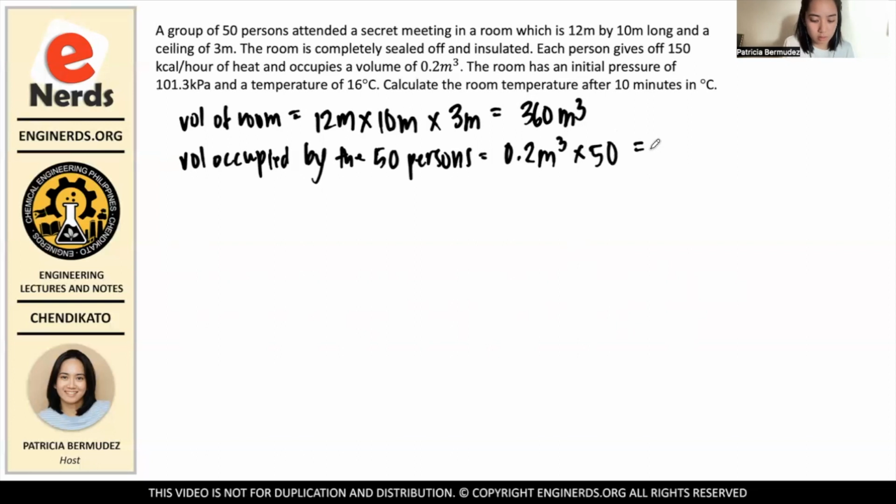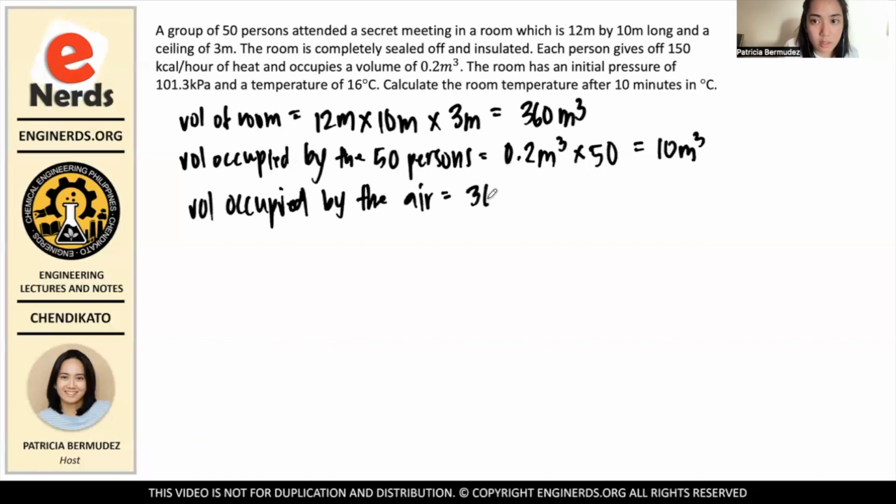So that is 10 cubic meters. So the volume occupied by the air is 360 minus 10 cubic meters, and that is 350 cubic meters. All right. So we now have the volume occupied by the air.